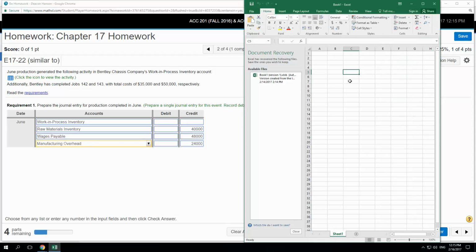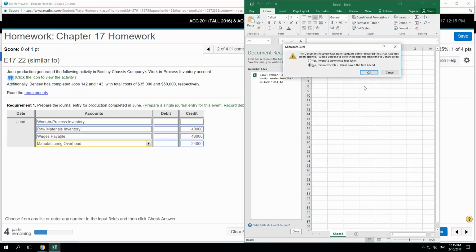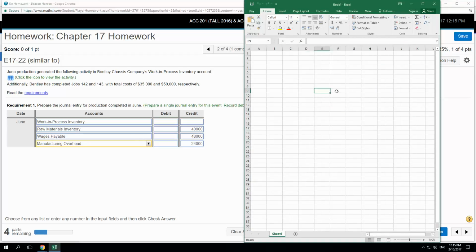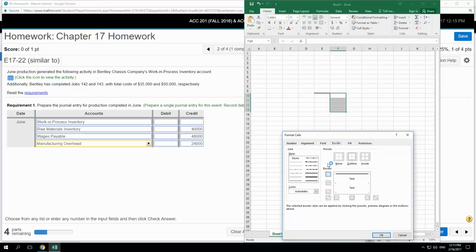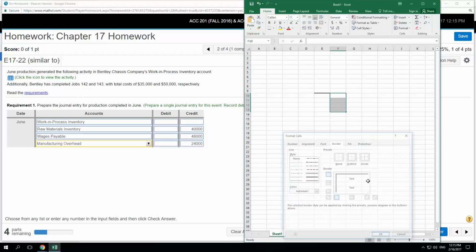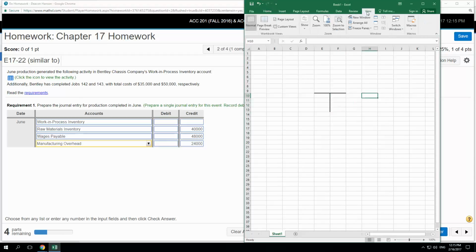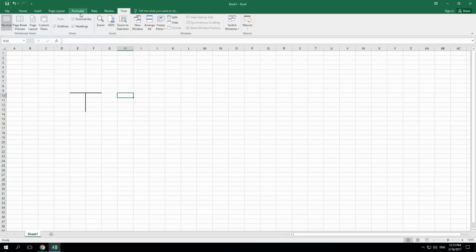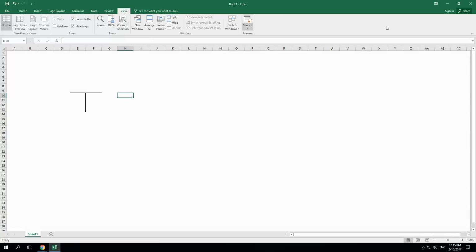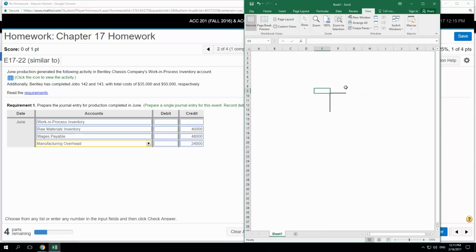So say you got this manufacturing overhead account. I make a T account. I like T accounts. Okay. Make sure I make it right. Okay. So we got this manufacturing overhead account.